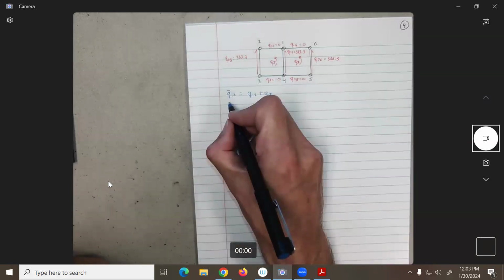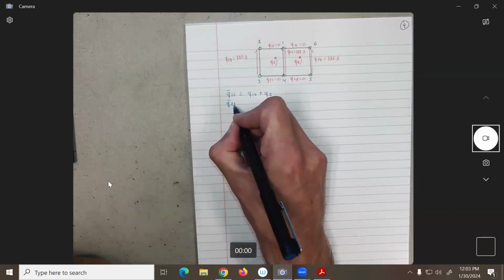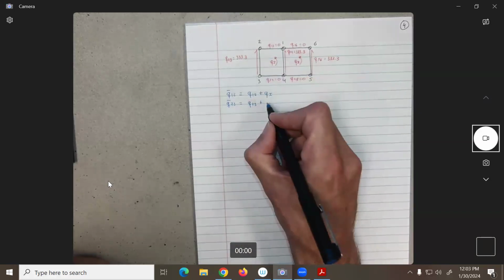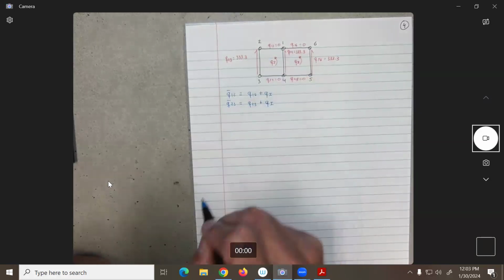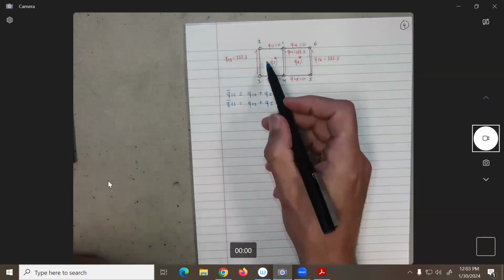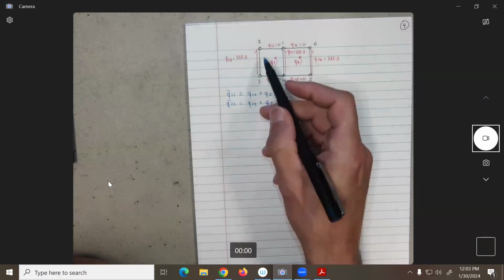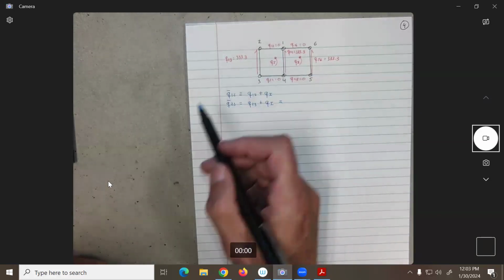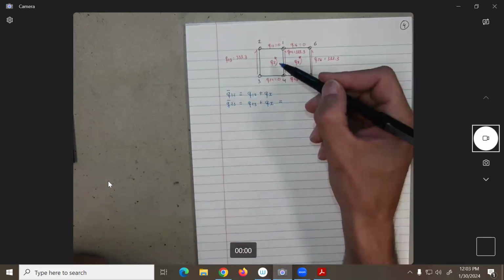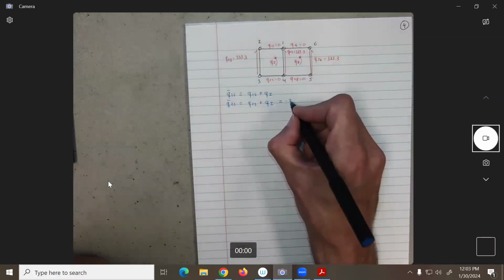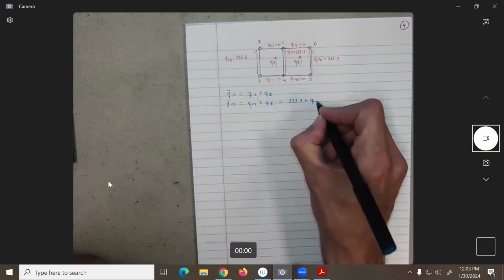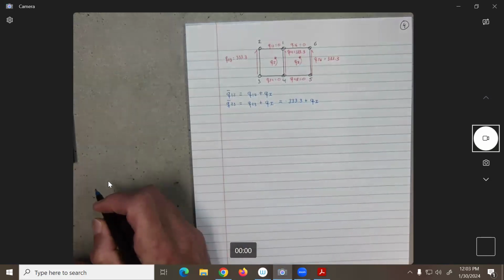Okay. Now, what should be Q bar 23? It is equal to Q23 again plus Q bar 1, no? But now, if we look at the figure, what should Q23 be? Is it going in the direction of this one or in the opposite direction? It's opposite. So it should be minus 333.3 plus Q1, no?